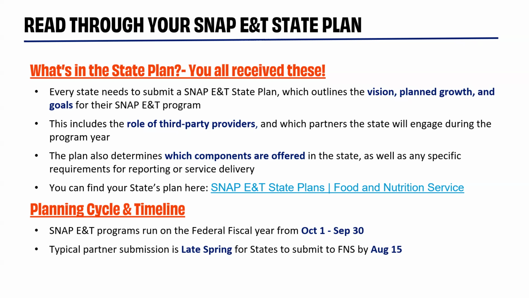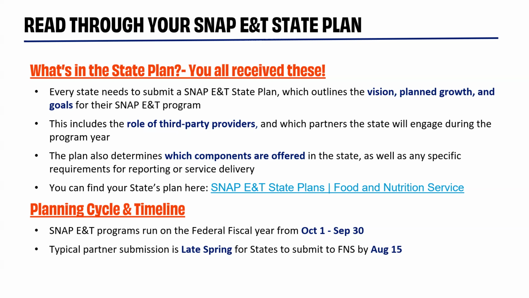It's helpful to look through the state plan, see those priorities, and when you're talking with the state, understand how to talk using their language, using their priority language as your own, to be able to show that you align, that you're both working on the same goals, working on supporting the same population. So think about how you can incorporate that state plan language into what you're doing as well, and how you're communicating your program.